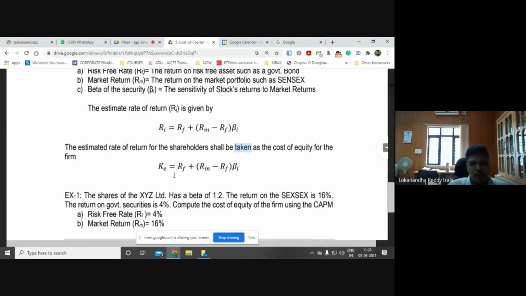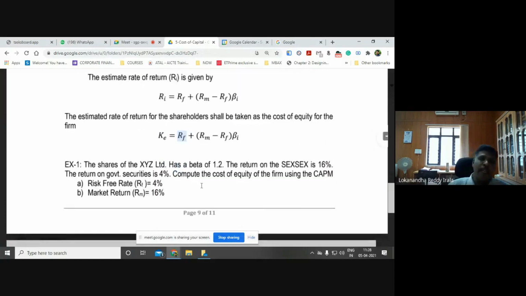Using this, the return on any given asset can be considered, in case of an equity, as cost of equity. So cost of equity is the risk-free rate. That means it is the rate at which you can invest your money without any risk, the example being government bonds. Government bonds are considered a proxy for risk-free assets.